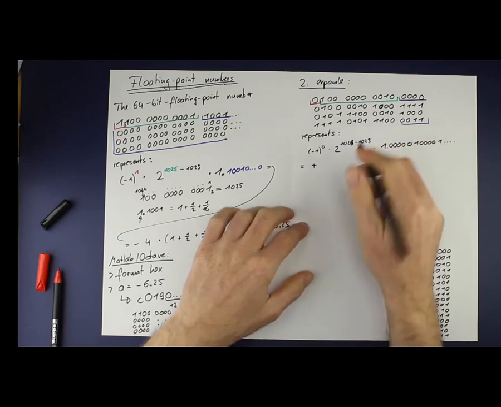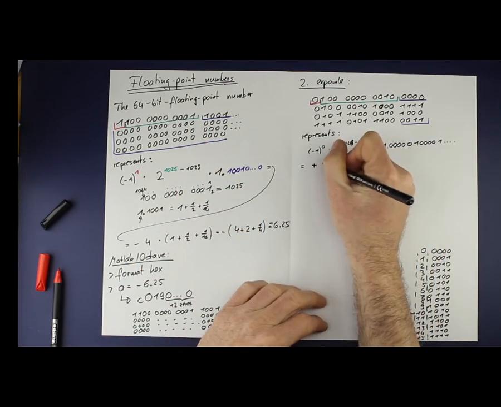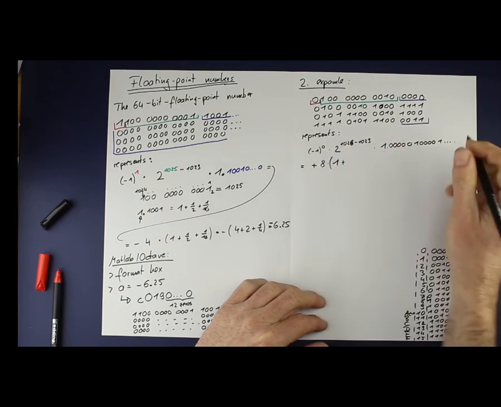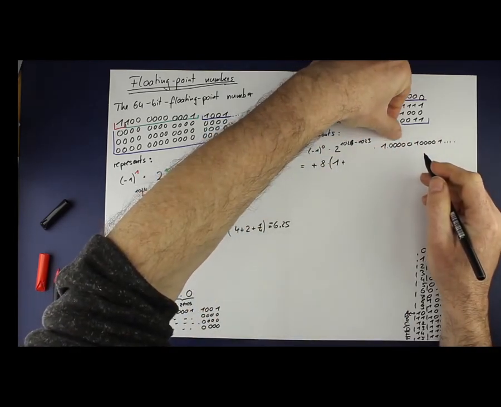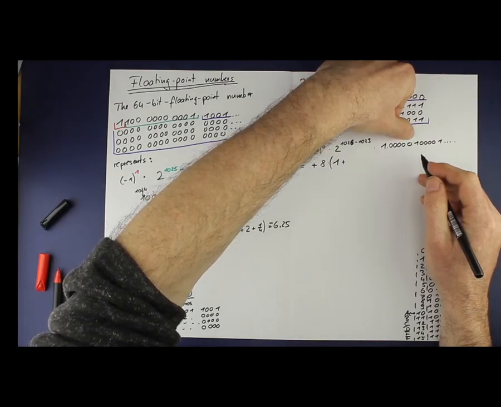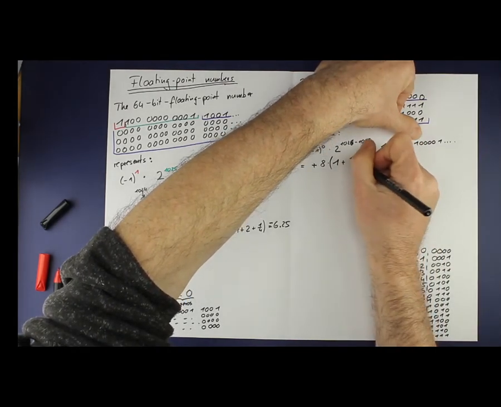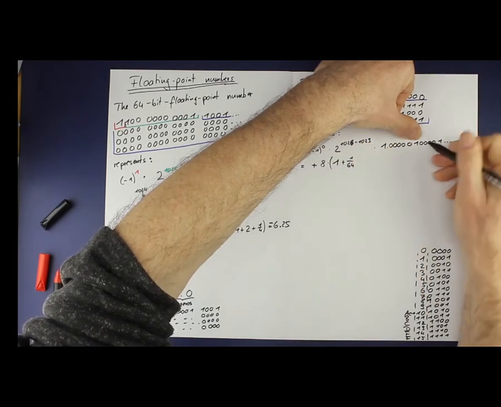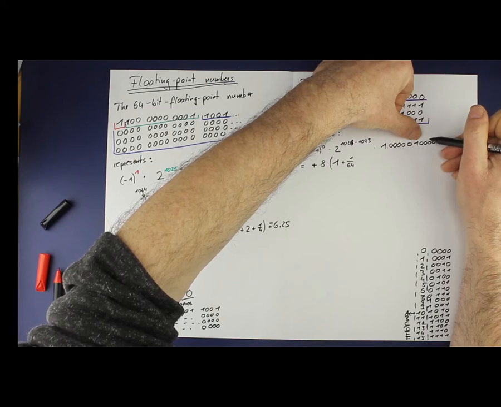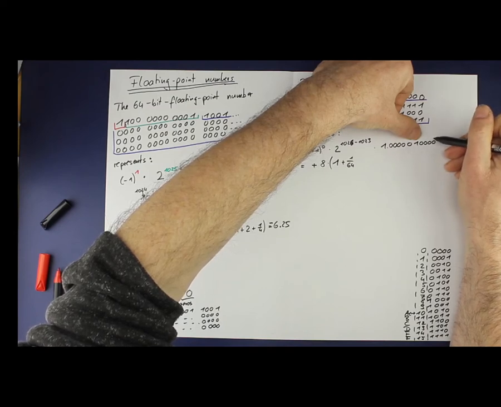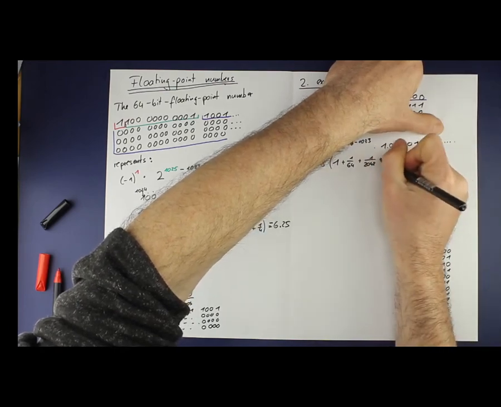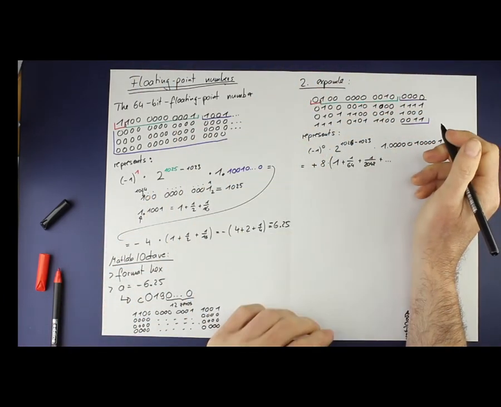So it's 2 to the power of 3, what is 8, times 1 plus a half, a quarter, 1 over 8, 1 over 16, 1 over 32, 1 over 64, 128, 256, 512, 1024, 2048, plus not so much.